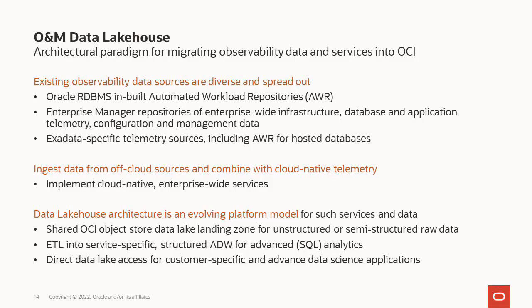Our group is responsible for EM and also for the Diagnostics and Tuning Packs. So the Enterprise Manager Repository and the AWR and active session history, these important sources of observability telemetry are already in our group's domain.